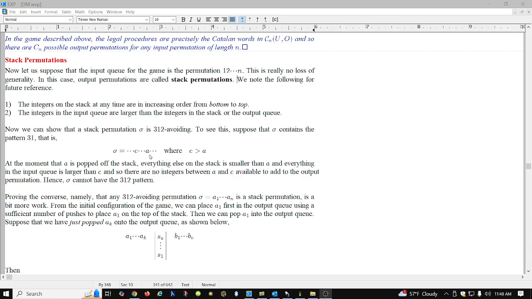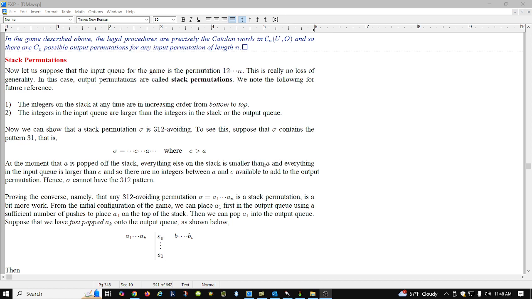Now at the moment that A is popped off the stack, remember this is the output permutation. The moment that A is popped off the stack, everything else on the stack is smaller than A because the elements increase in order as you go higher in the stack, so the top element is the biggest one.